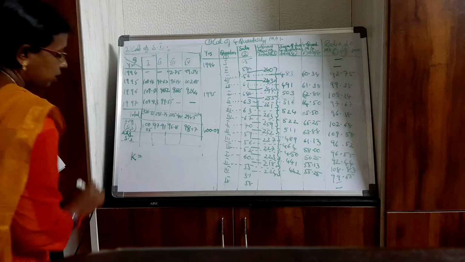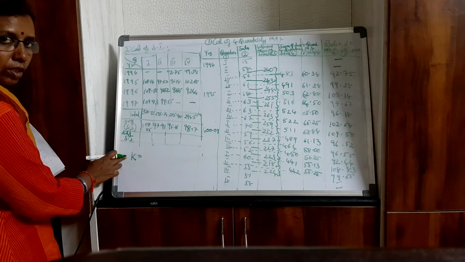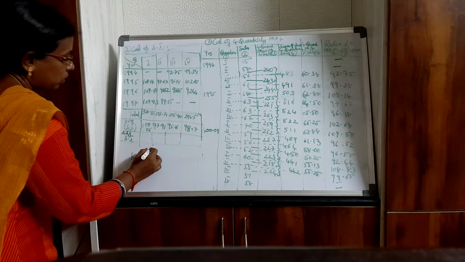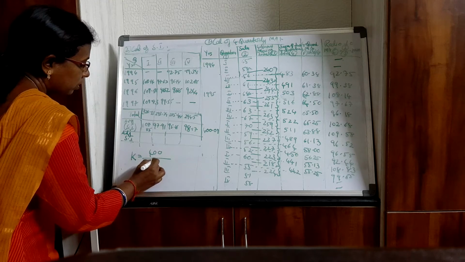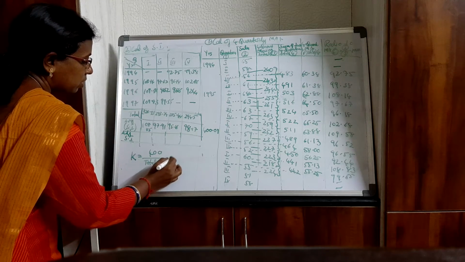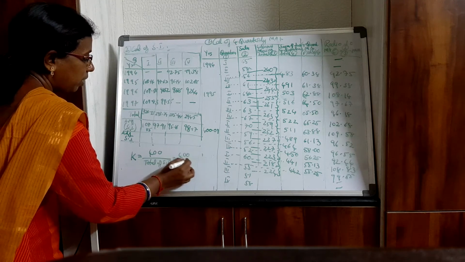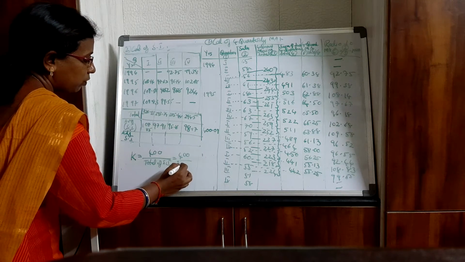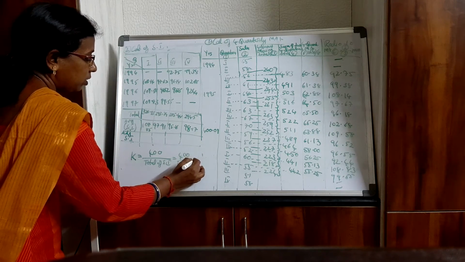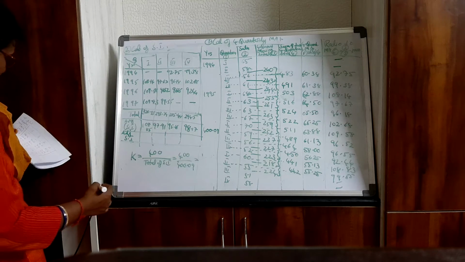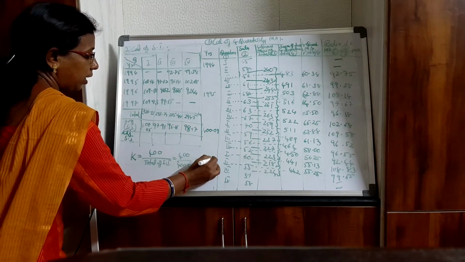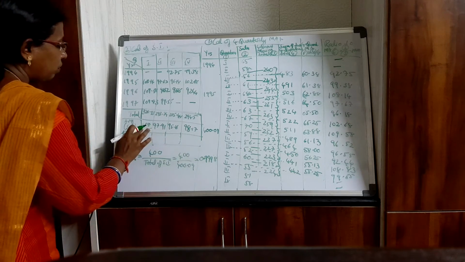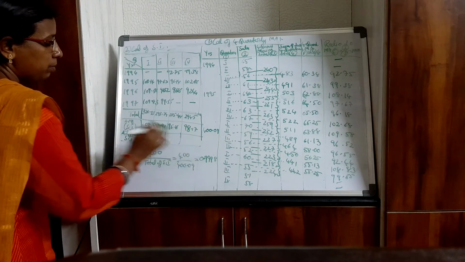To find adjusted seasonal indices, you should calculate the constant k. So k is equal to 400 divided by total of seasonal indices. So 400 divided by total of seasonal indices 400.09. So when I am dividing these two, I am getting constant as 0.998. Now multiply each of this average with this 0.998.